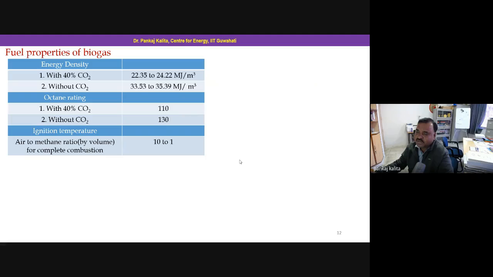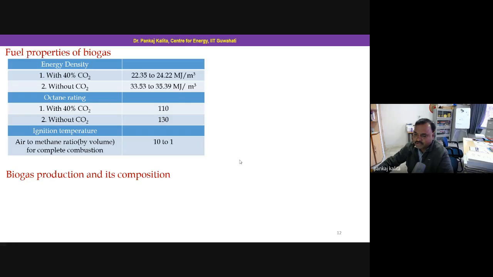If we remove the carbon dioxide, the value increases to about 36 megajoule per cubic meter, which is a very good fuel value. The octane rating with 40% carbon dioxide is 110, and without carbon dioxide it is about 130. And the air to methane ratio by volume for complete combustion is 10:1.